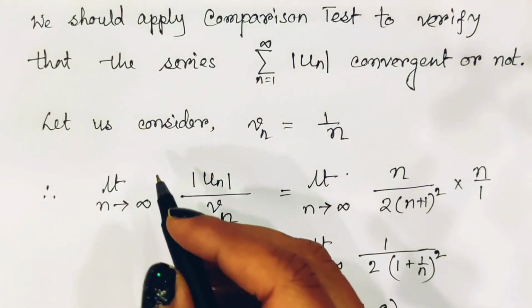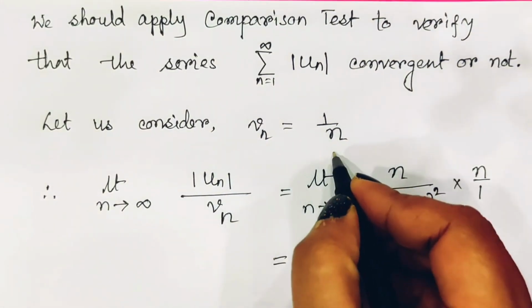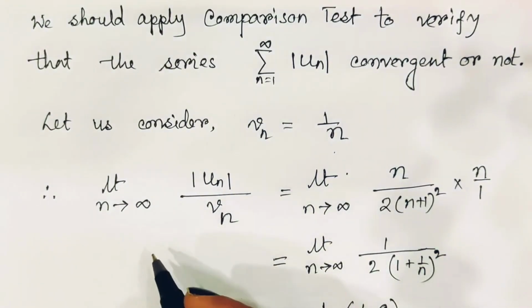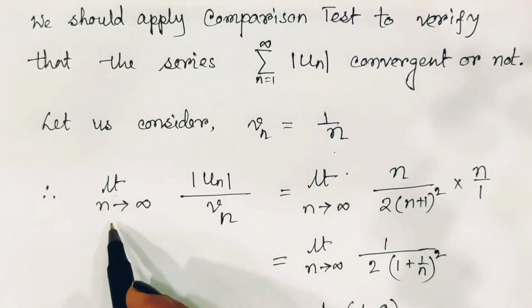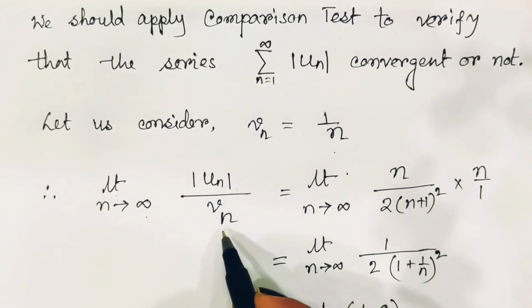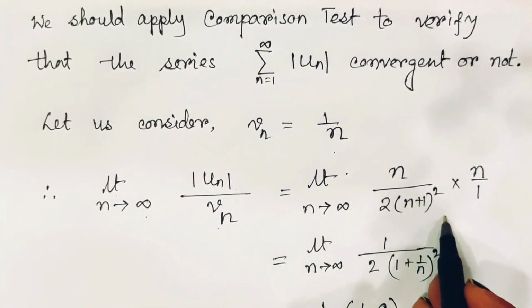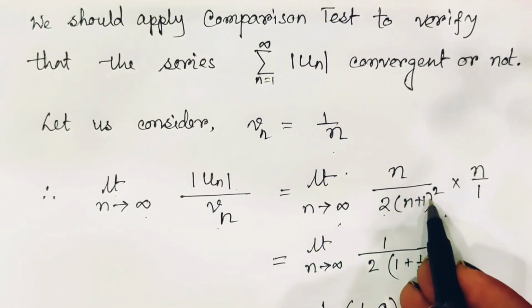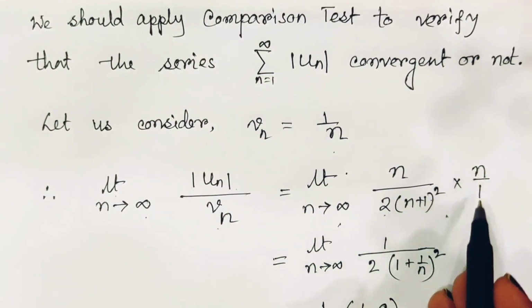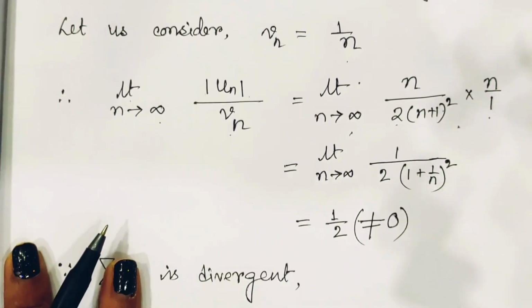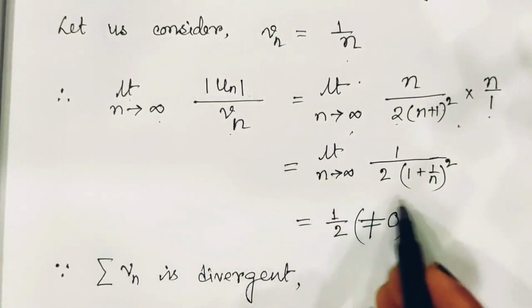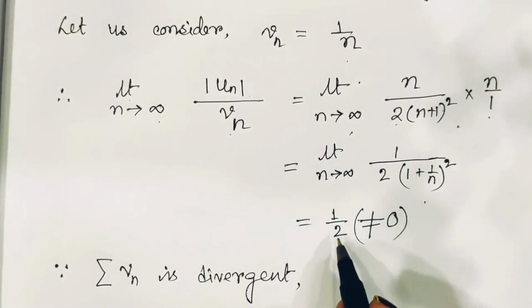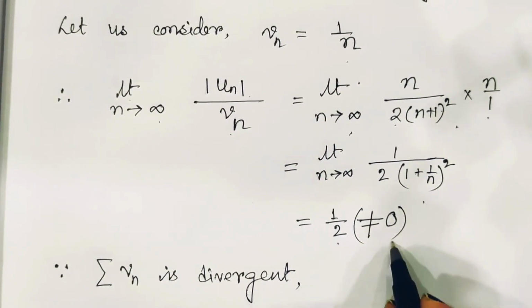So when we substitute v_n equal to 1 upon n and apply the comparison test, the limit as n tends to infinity of mod u_n by v_n is the limit of n upon 2n plus 1 whole square into n by 1. If we simplify and take the limit, we find this limiting value is 1 upon 2, which is not equal to 0.